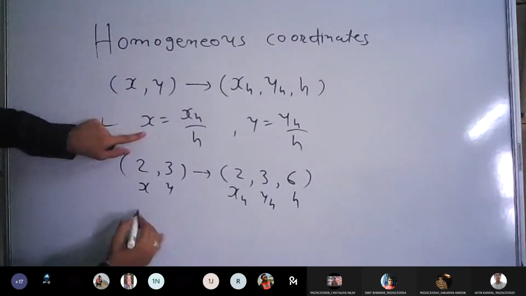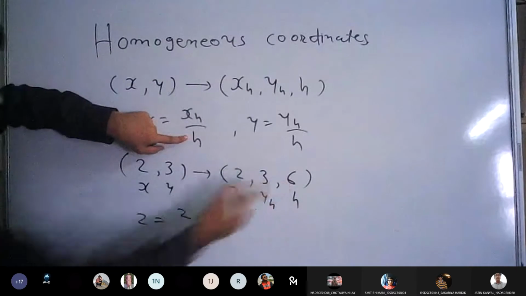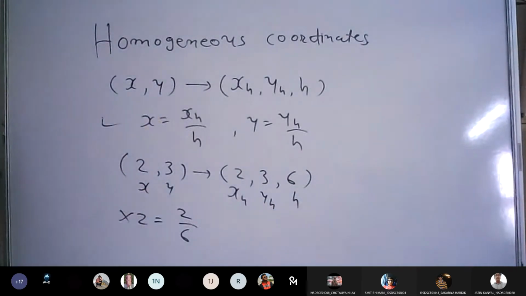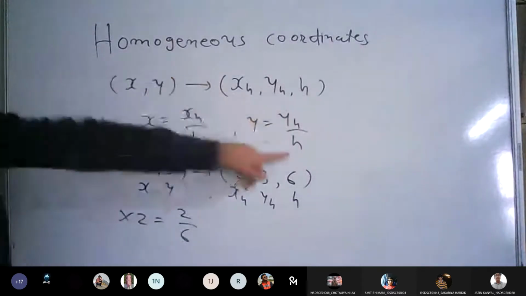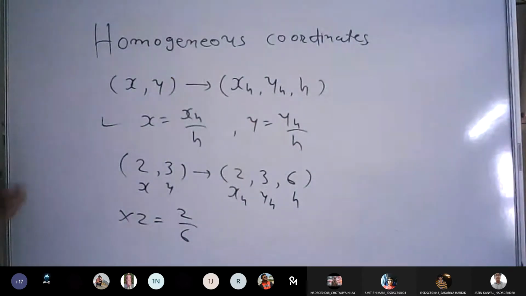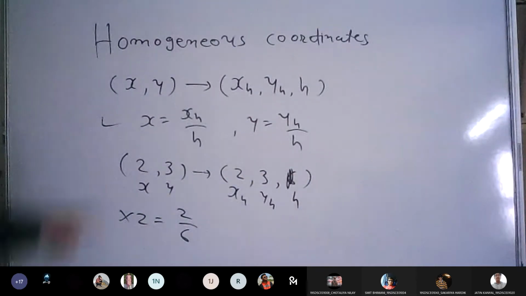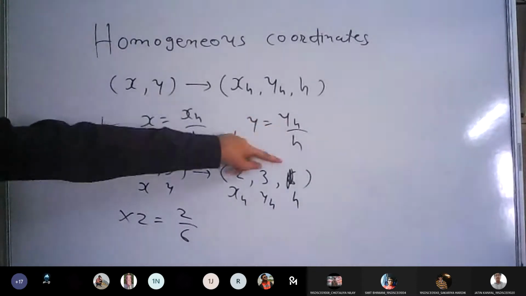See, if you go with 6, then just put the values. x is 2, xh we have written 2, and according to your answer h is 6. So 2 equals 2 by 6, which is wrong. Similarly for y, 3 equals 3 by 6, which is also wrong. But if we replace 6 with 1, then x is 2 by 1, which is 2, and y is 3 by 1, which is 3.